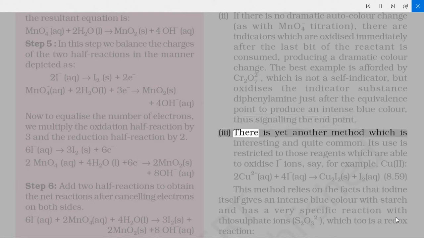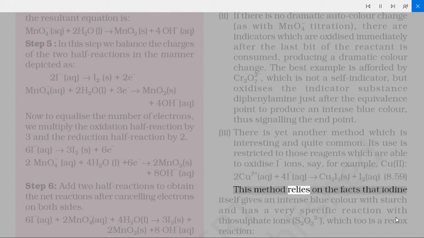3. There is yet another method which is interesting and quite common. Its use is restricted to those reagents which are able to oxidize iodide ions, say, for example, 2Cu²⁺(aq) + 4I⁻(aq) → Cu2I2(s) + I2(aq).